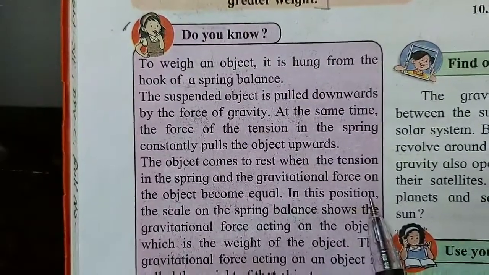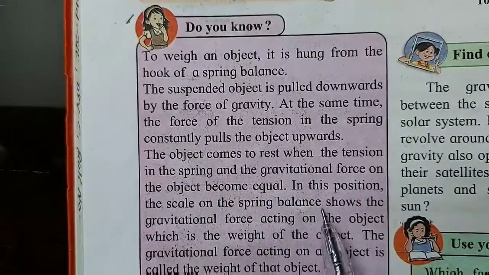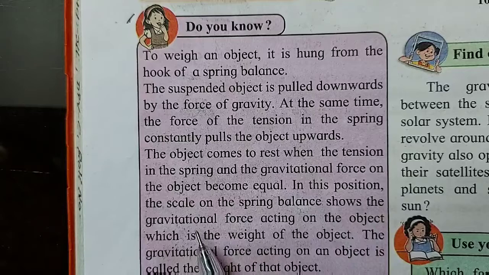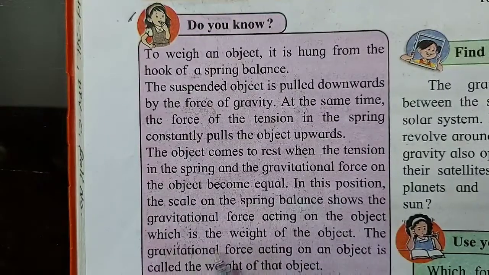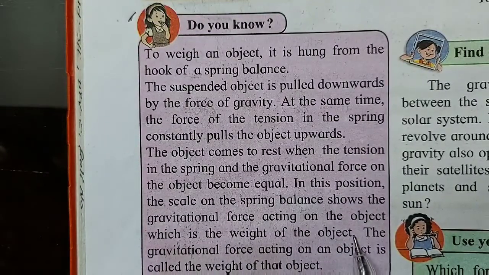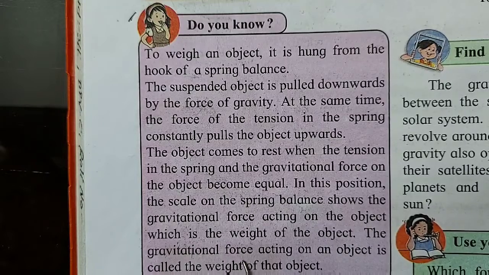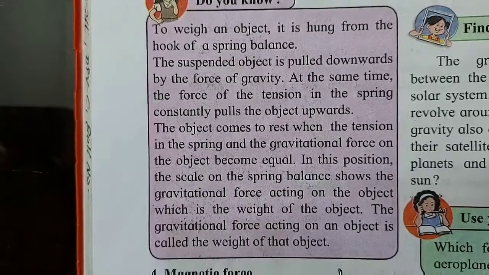In this position, the scale on the spring balance shows the gravitational force acting on the object, which is the weight of the object. The gravitational force acting on an object is called the weight of that object.